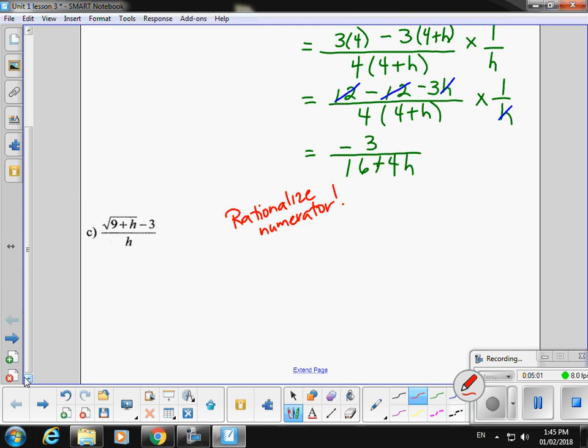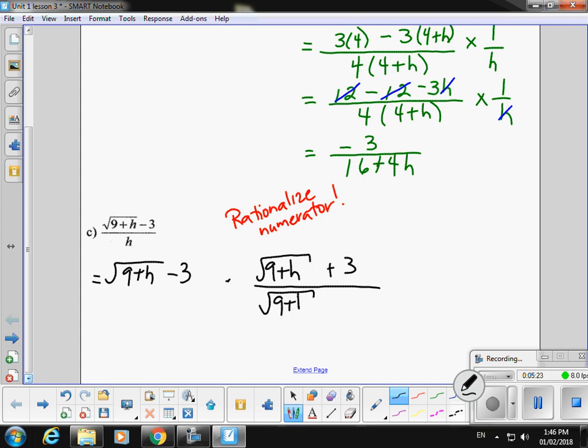So in order to deal with that root of 9 plus h, I am going to multiply by the conjugate. So let's write that out again. If I want to deal with a root sign, then my best bet is to multiply by the opposite, which would be root of 9 plus h, add 3. Root of 9 plus h, add 3 so that I am in fact multiplying by 1.